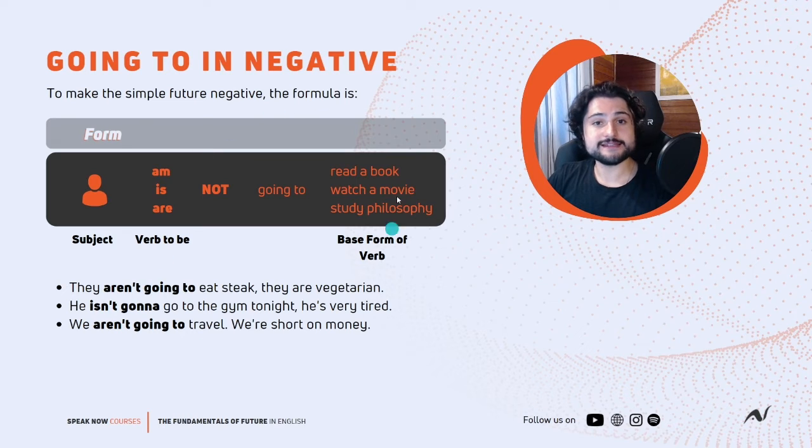So here, guys, is how you can build the going to in negative. The structure, right? The formula you have there. Take notes of this, extremely important, and some examples, okay?